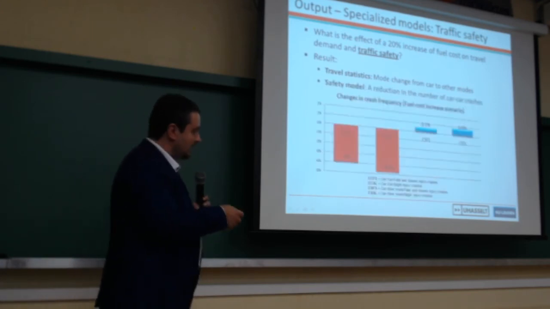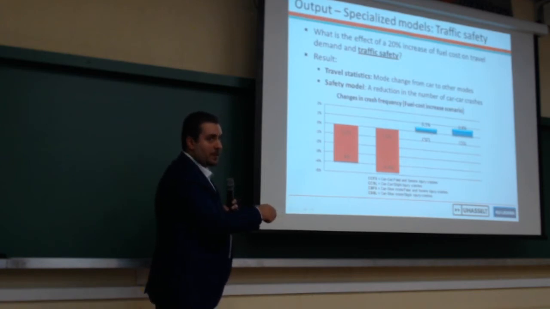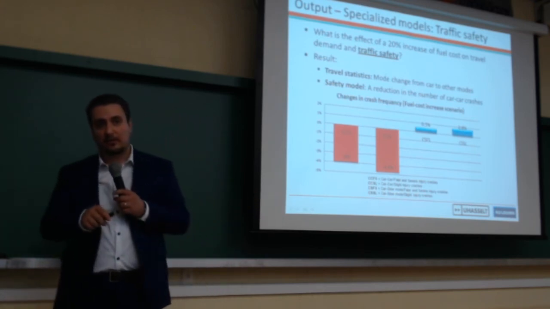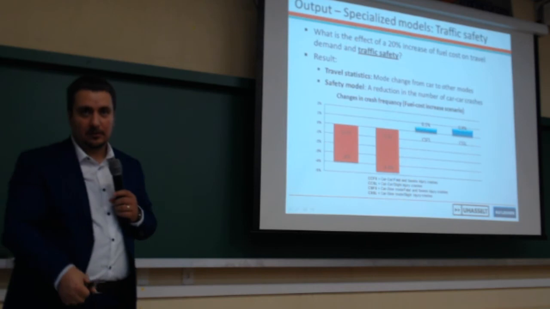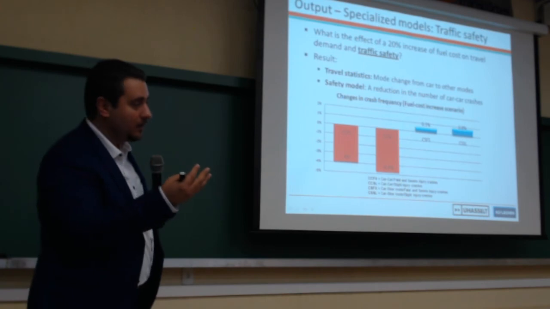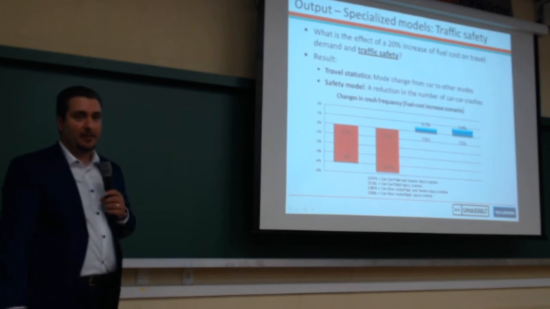But as you can see here, this represents car fatal and serious injury. This is car slight injury, and then car slow mode fatal and serious injury, and car slow mode slight injury. As a result of such a scenario, we expect more travel demand for those active mode transportations, which means we could expect some more crashes for that specific part of our travel demand.